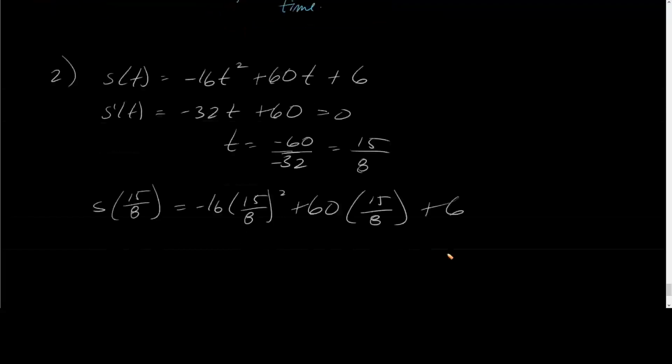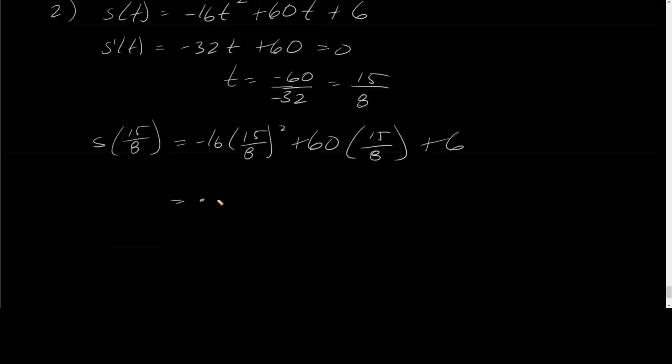I'm not going to do the entire calculation here, but you should check this yourself. It becomes 249 over 4, which is 62.25 feet. I'll let you figure out the calculations in the middle, but you should verify that that's the answer you get. All right, so that is the end of 5.1.